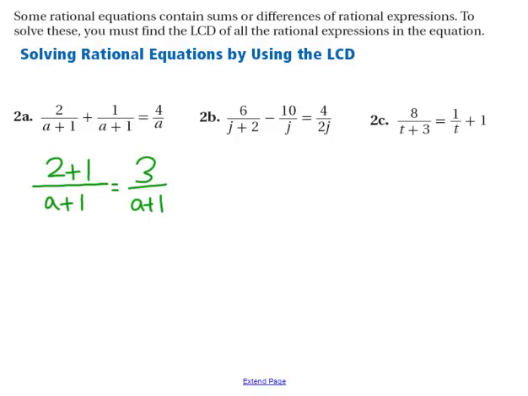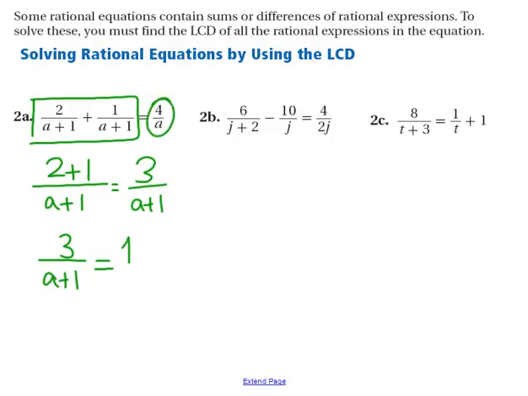Now we can rewrite this part as one fraction, 3 over a plus 1, and that's exactly the same thing as 4 over a. Now this looks exactly like the problems we've been doing. Do the cross product. So we get 3a, and if I distribute 4 to both of those things on the other side of the equal sign, I have 4a plus 4.